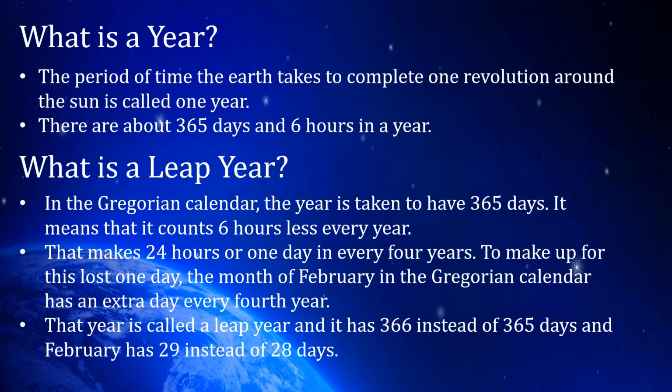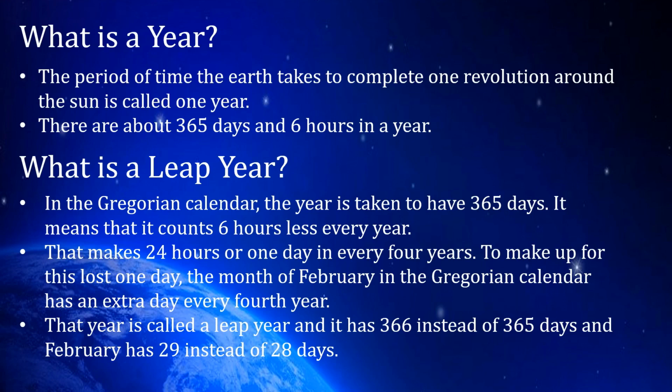Then children, what is a leap year? Let us understand that also. In the Gregorian calendar, the year is taken to have 365 days. It means that it counts 6 hours less every year, isn't it? That makes 24 hours or 1 day in every 4 years. To make up for this lost 1 day, the month of February in the Gregorian calendar has an extra day every 4th year.